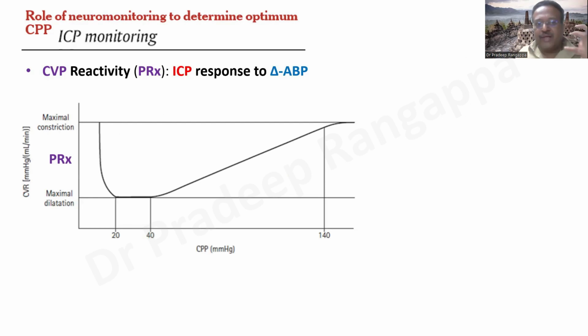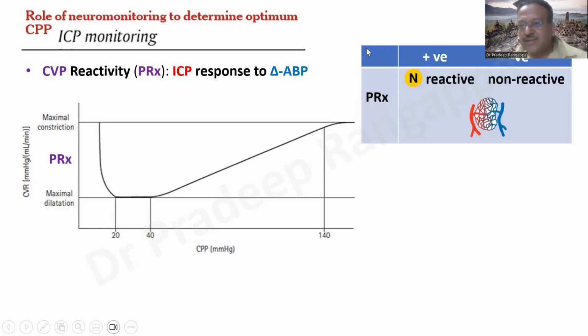So this is called cerebrovascular reactivity, which is also called PRx. As you see, with cerebrovascular reactivity, there is an increase in the cerebral perfusion pressure, your blood pressure, and the cerebral blood vessels also react with increasing constriction. At one stage, they reach a threshold where they no longer react and become non-responsive. Positive reactivity indicates the vessels are reacting to the changes in cerebral blood flow.